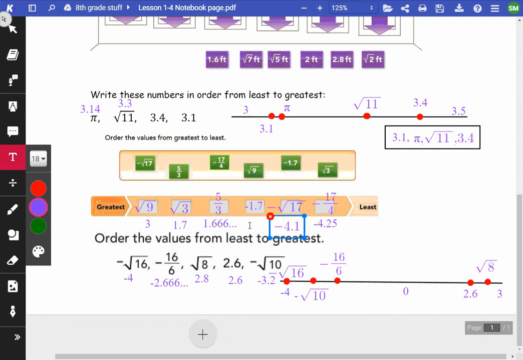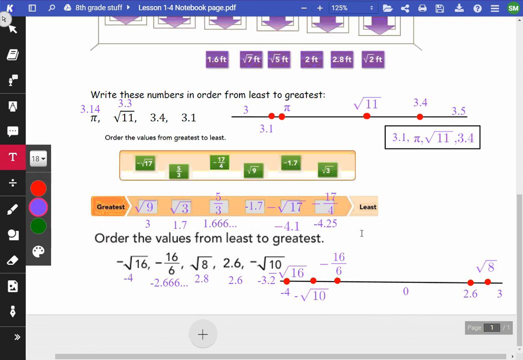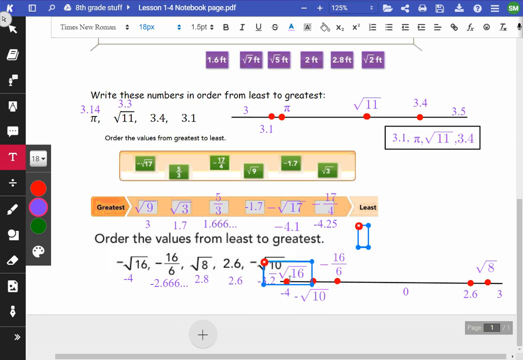And then I can just write these in order from least to greatest in a text box right here. Start with negative square root 16, I'm just going to do this, SQRT 16, just to save time. Okay, negative square root 16, then negative 16 over 6. Then my next one is, oh no, I forgot the negative square root of 10, because that was down below.